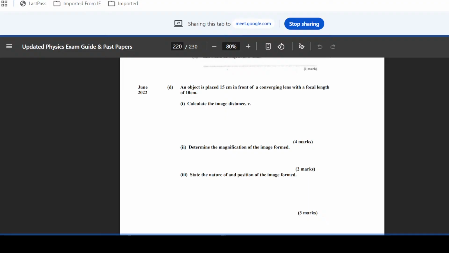And the magnification was what? Right. So if the magnification is 2.0, what happened to the size of the image?